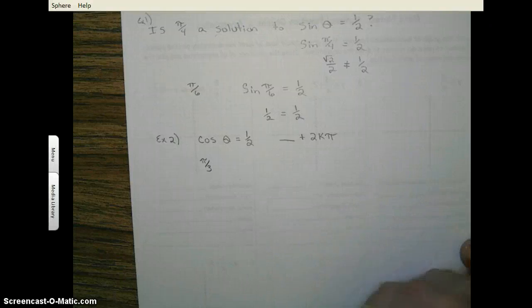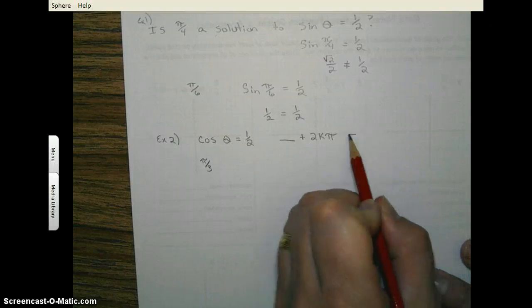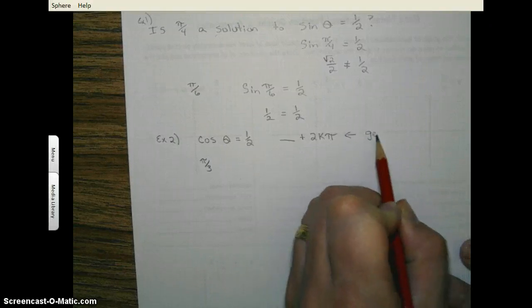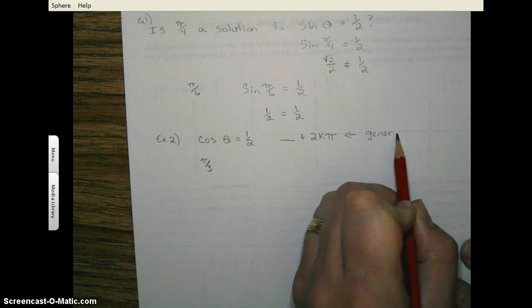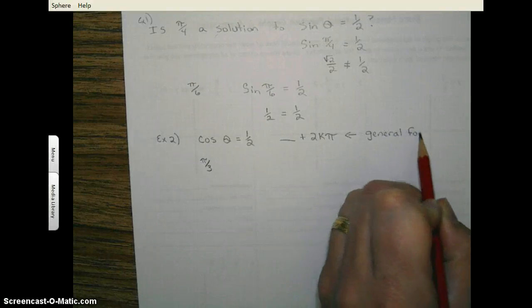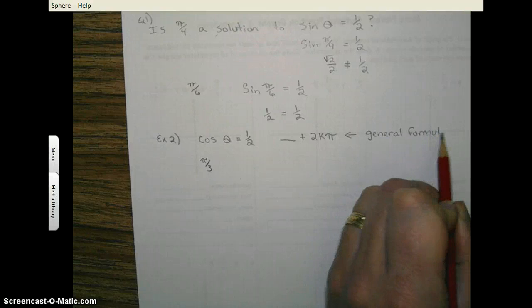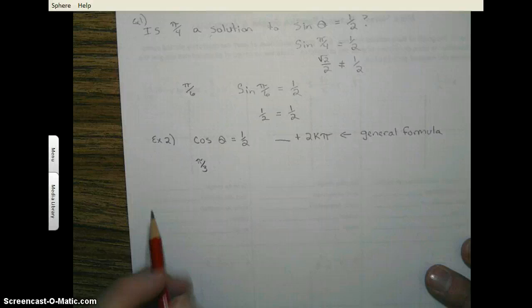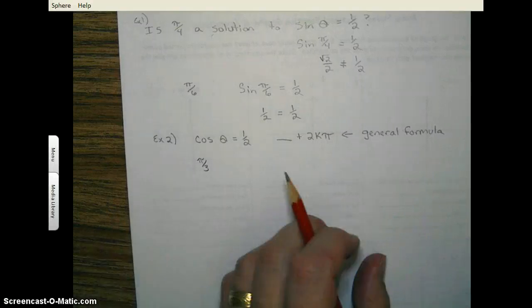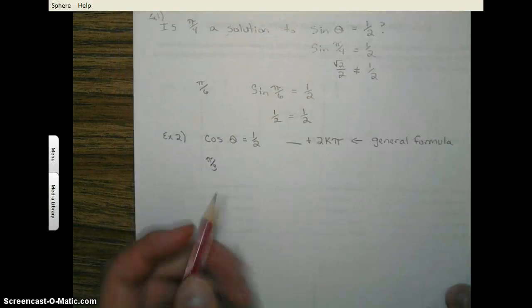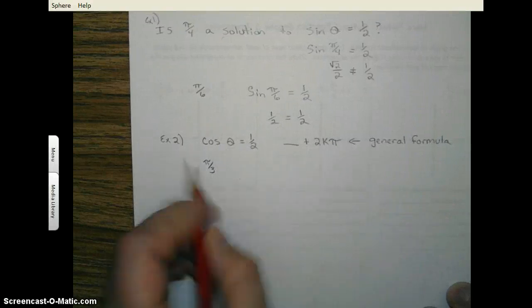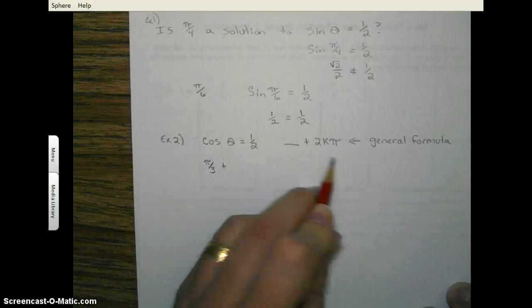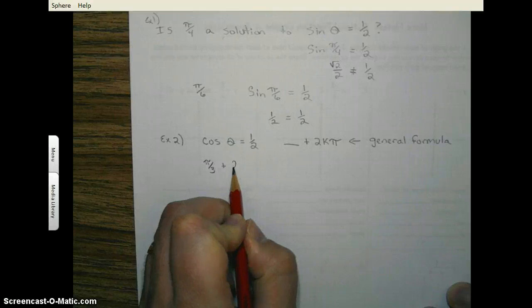Now to write a general formula, because remember there's an infinite number of solutions if the domain is not restricted, we have to tack this on to count all of those solutions.